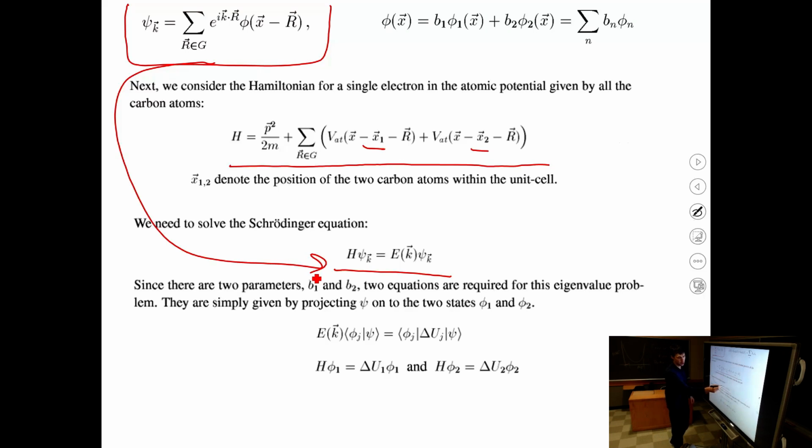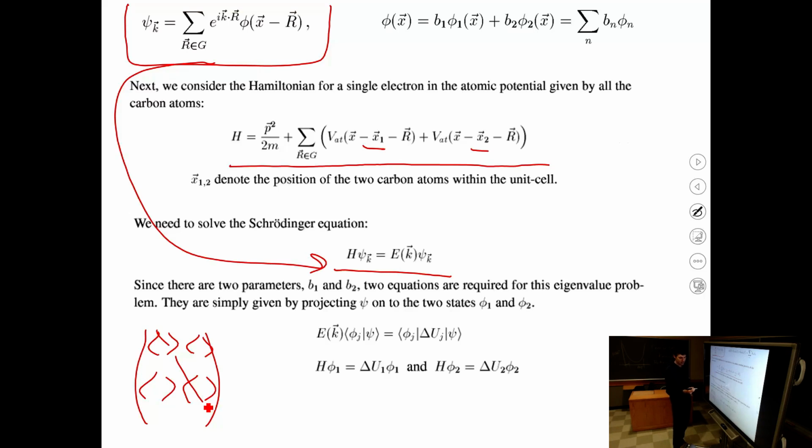Now, I already showed you before that you can represent this Schrödinger equation as some kind of a matrix, right? Where inside this matrix you have matrix elements which are on the diagonal, the eigenstates of some Hamiltonian, and off diagonal, there are transitions between different states.